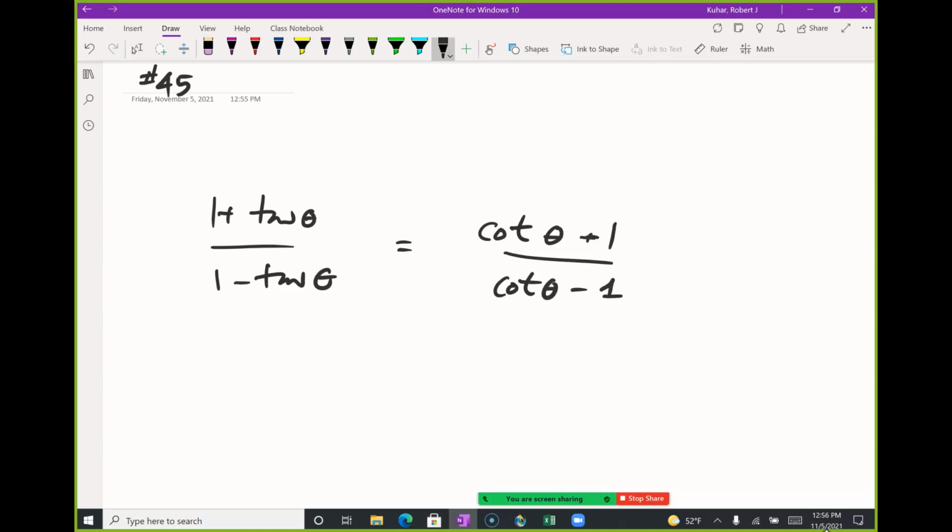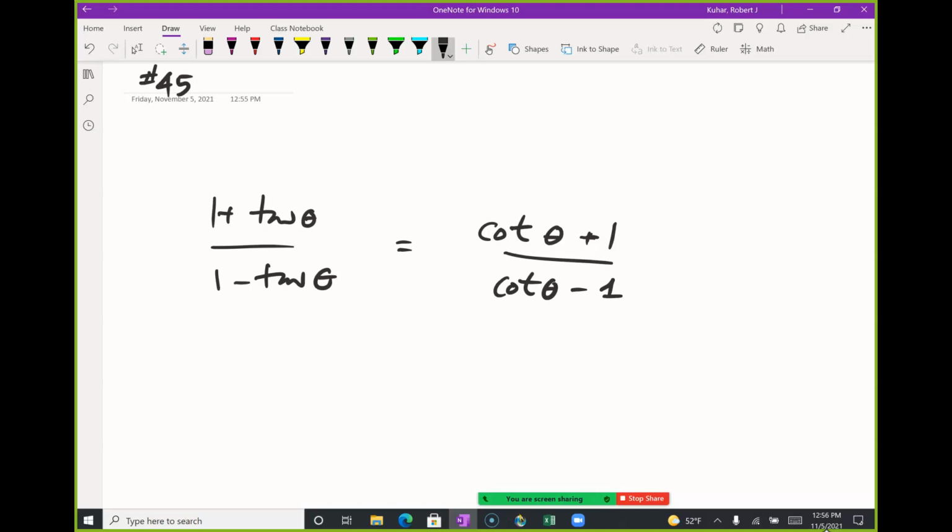Sometimes when you really get stuck, and it just doesn't seem like anything is working, you may have written the problem down wrong. So double check that part for sure. Let me double check here. Number 45, 1 plus tangent of theta over 1 minus tan of theta equals cotangent of theta plus 1 over cotangent of theta minus 1.